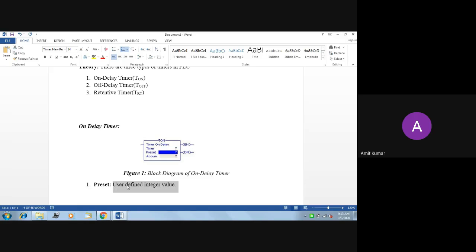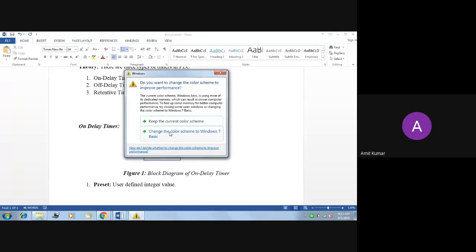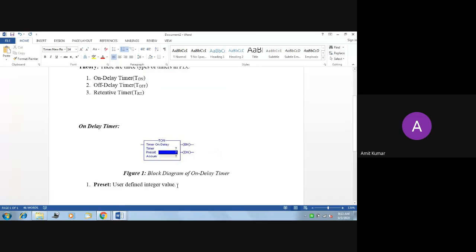Second thing, it is used to control the period of the timer.